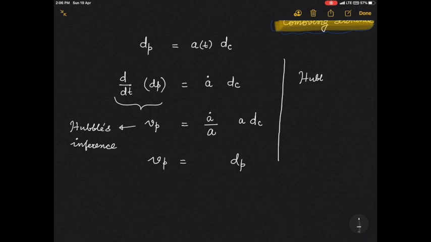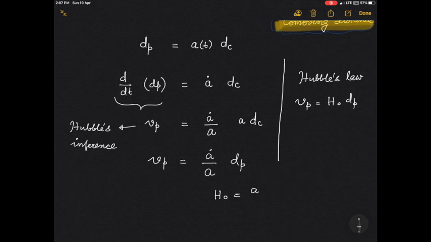And a dot by a, if you remember Hubble's law, is nothing but H naught.